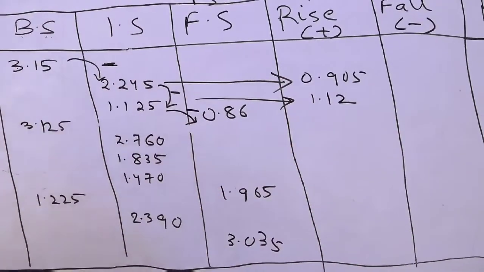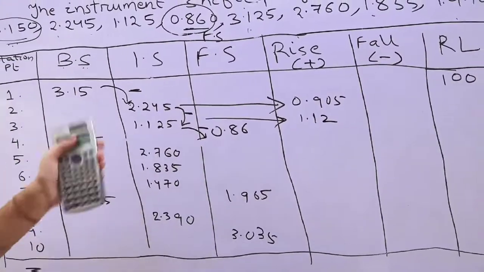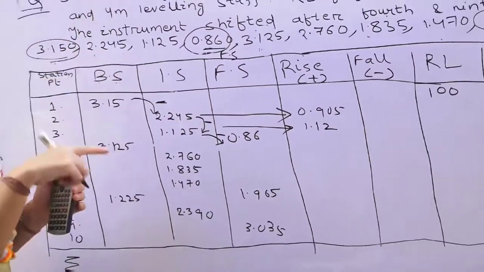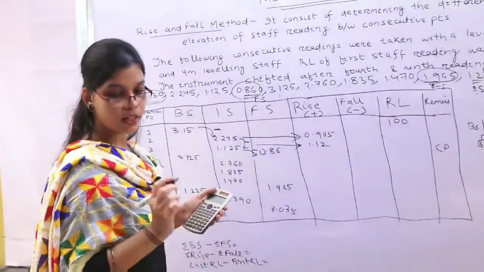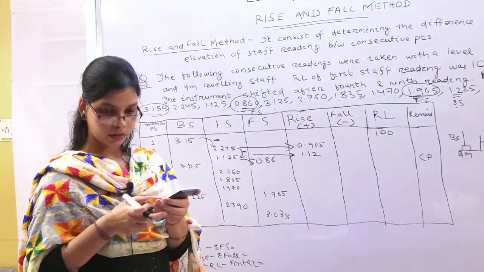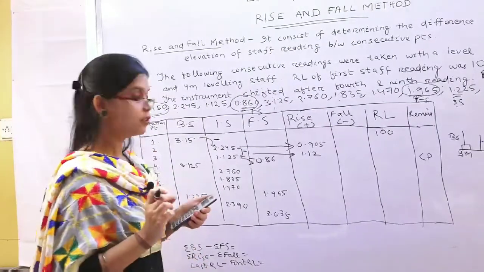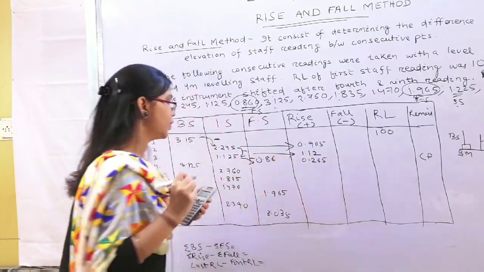If it comes positive, we will write in the rise column, and if it comes negative, we will write in the fall column. Okay. Now 1.125 minus 0.86, so we get 0.265. Okay.